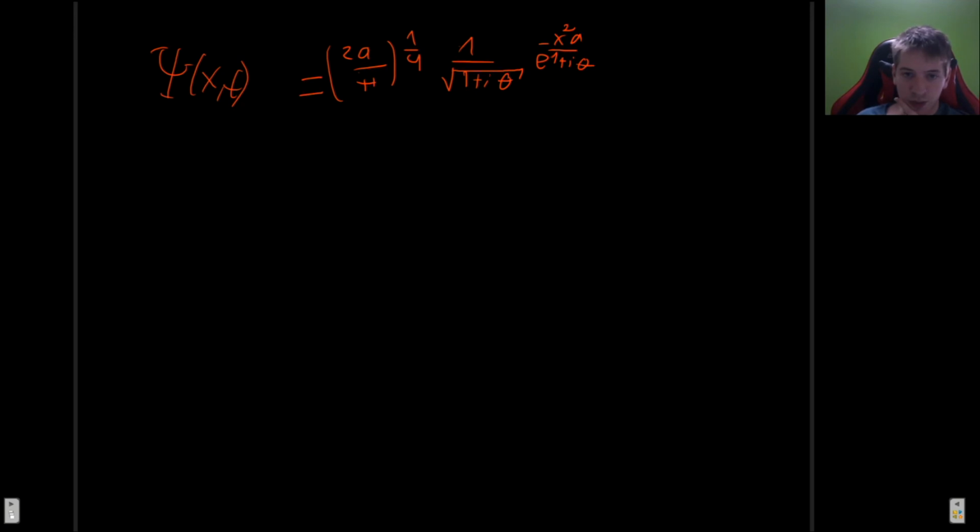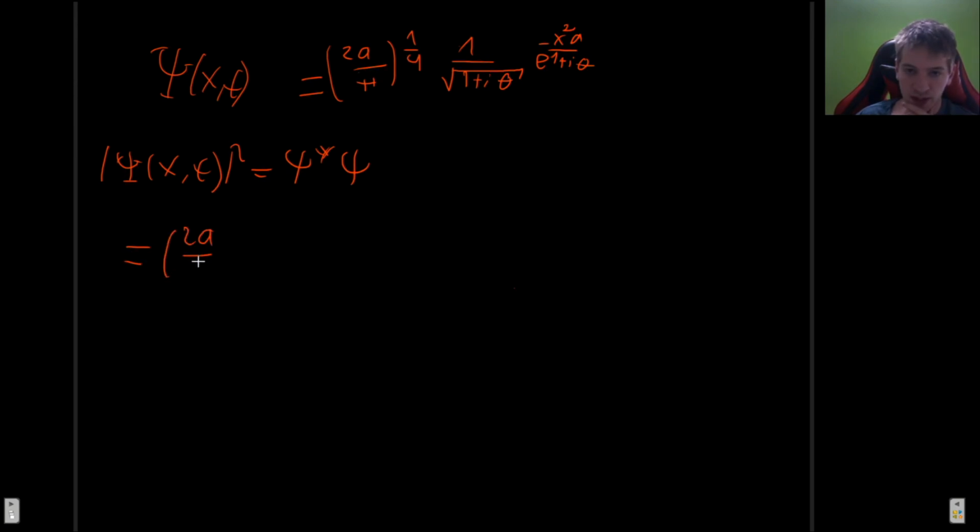So next we want to find the probability density. How do we find the probability? As we have said before, the probability density will be psi conjugate times psi. When we do it here, this first term is real, so it's just going to be that term, 2a divided by pi to the 1/2.